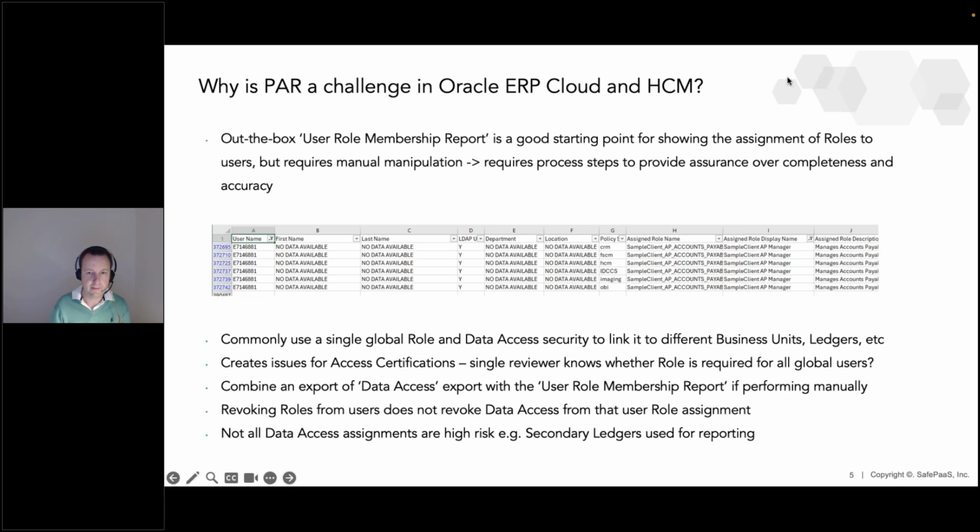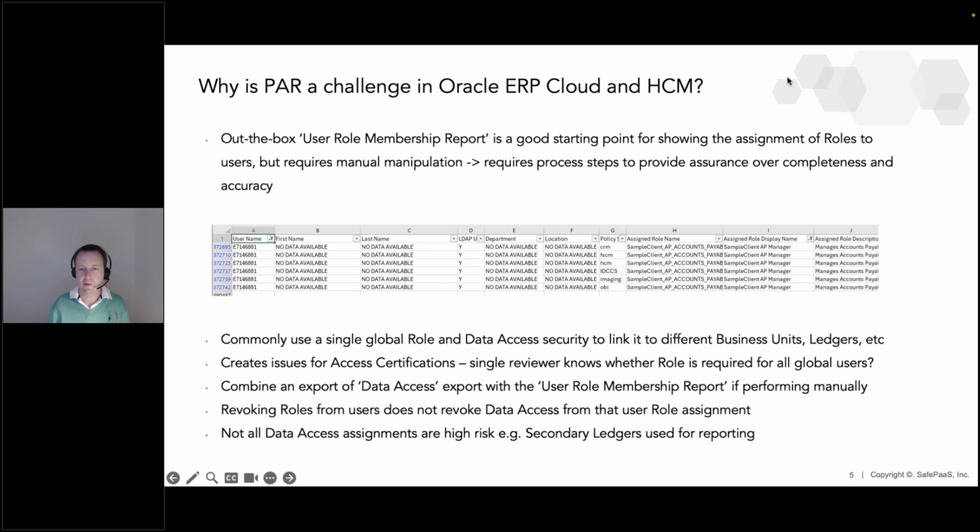Now, for those organizations that have just a single ledger, a single business unit, that might be fine. But what we find is that quite often global organizations have multiple business units or multiple ledgers.